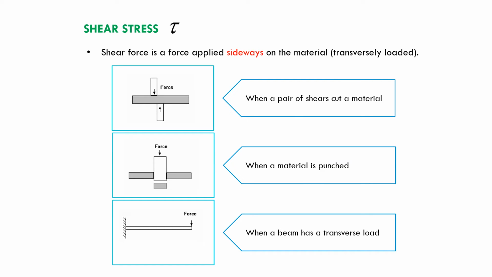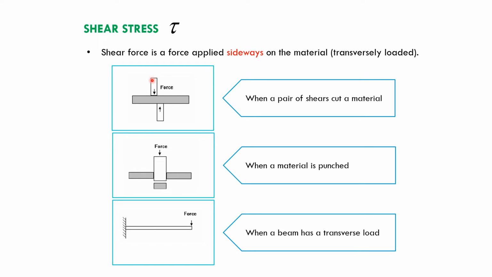Now let us look into shear stress. What is shear stress? Shear force is usually applied sideways on the material, what we call transversely loaded. In this picture, a pair of shears cut a material, so the force is applied sideways.